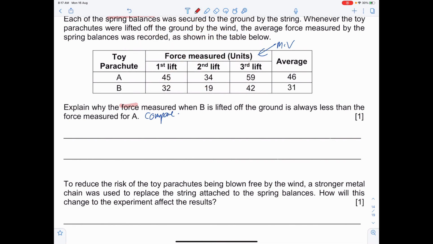B has holes, reducing surface area, which allows air to pass through, reducing air resistance.